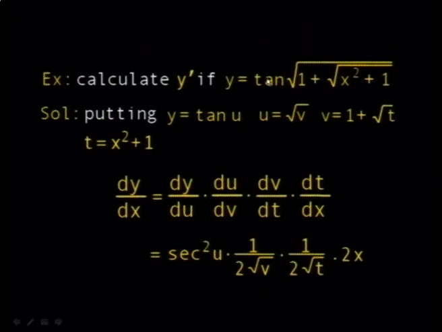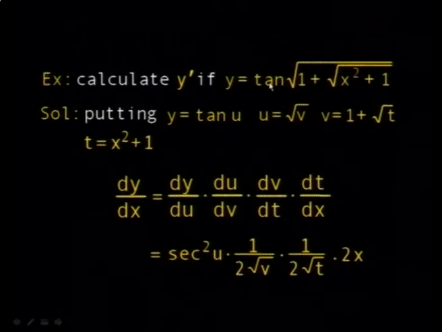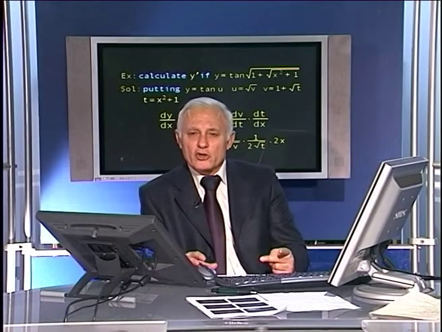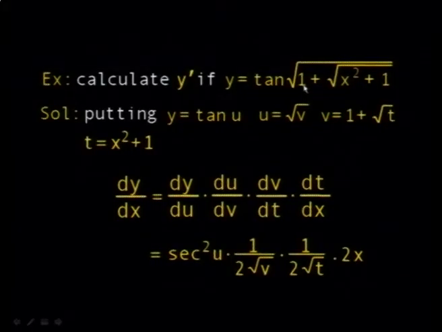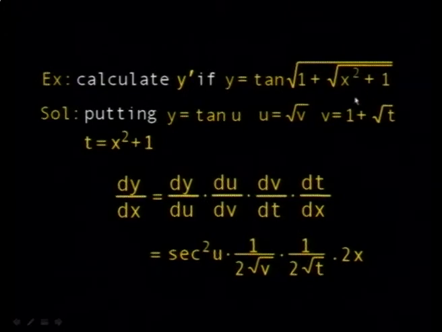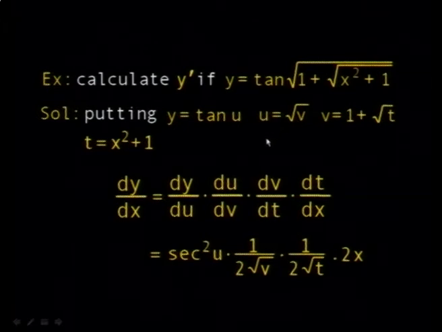Same thing. Here you don't always have to find a function in the form of a composition between two functions only. You may have 2, 3, 4, etc. For example, here you have tan of the square root of 1 plus the square root again of x squared plus 1. So instead of one dummy variable, you may need more than 2 or 3.